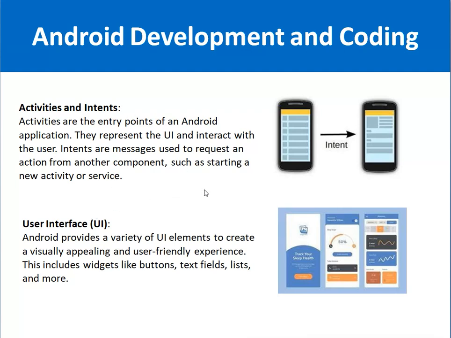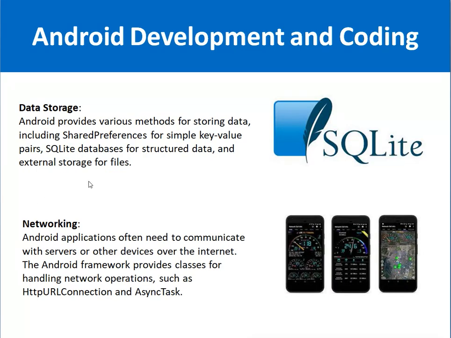Then UI. Whenever we talk about UI, we are talking about the user interface of the application. This includes widgets like buttons, text fields, lists, input fields, etc. All those things are considered the UI, or user interface. Then next is data storage.